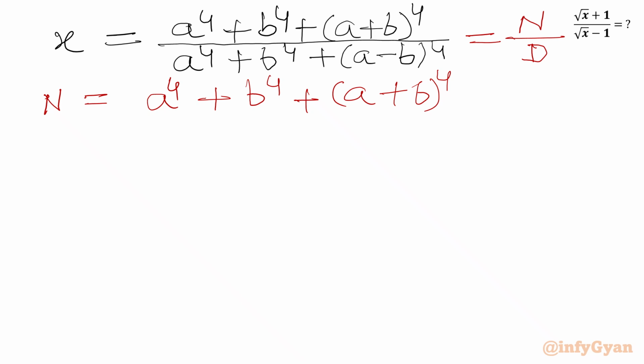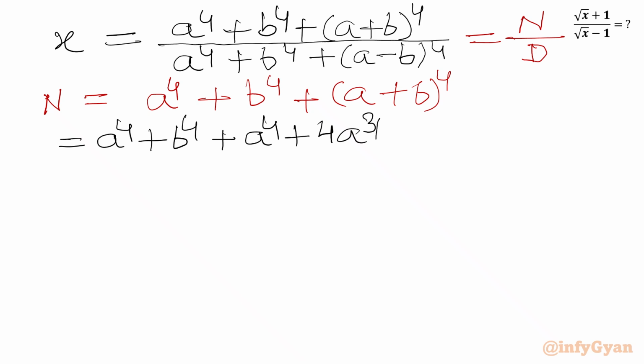Now we will use binomial expansion for (A plus B) whole power 4. So we can write A power 4 plus B power 4 plus, we will write A power 4 plus 4A cube B plus 6A square B square plus 4AB cube plus B power 4.